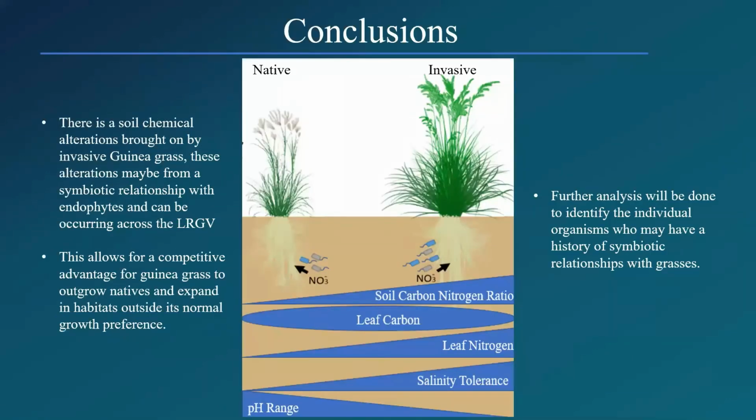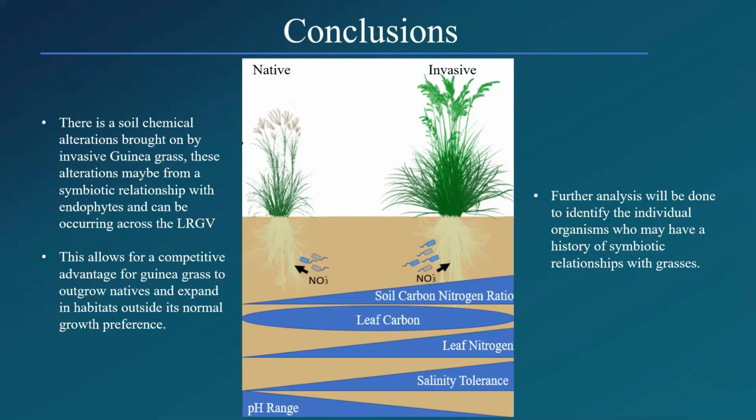Just to wrap up everything that we talked about today, so far in the research, our data has supported that there is a difference between native and invasive grasses in terms of soil alterations. We have seen that the invasive had increased soil nitrogen, both in the soil and in the leaves.